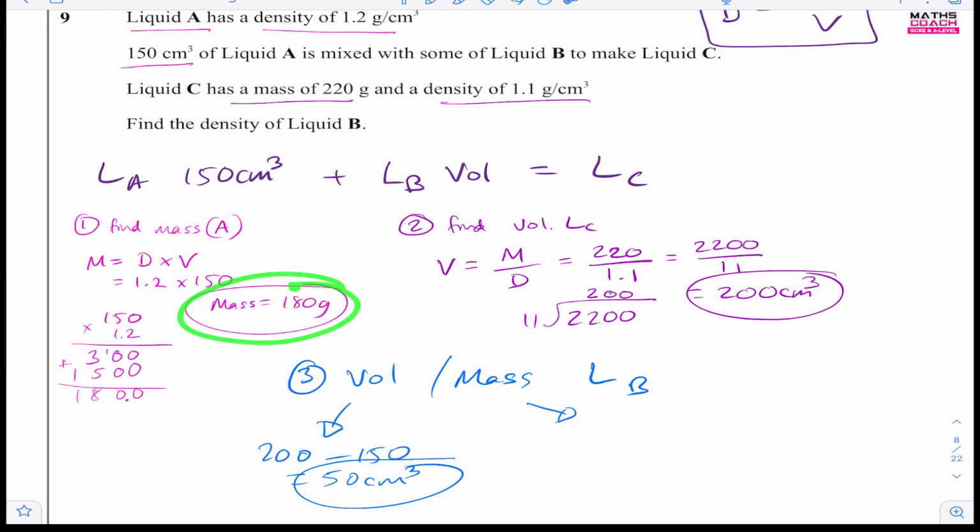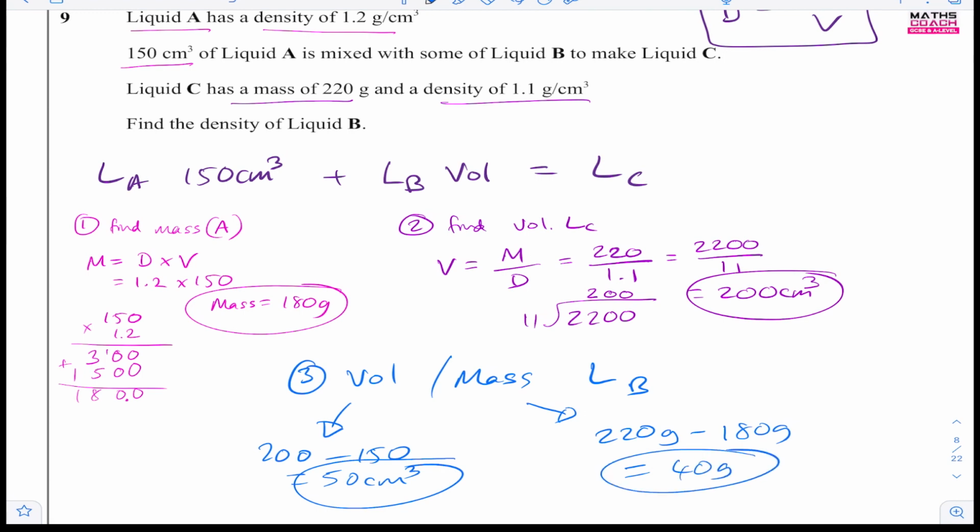We know that the mass of C is 220, so therefore it's going to be 220 grams minus 180 grams, which gives us a total of 40 grams. So now we know the volume and the mass of B.